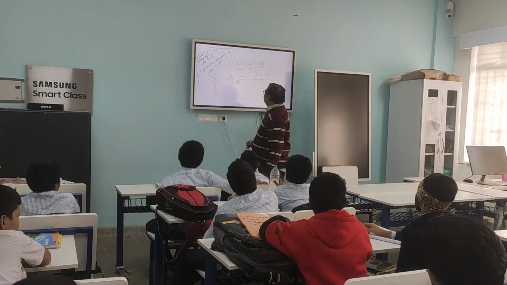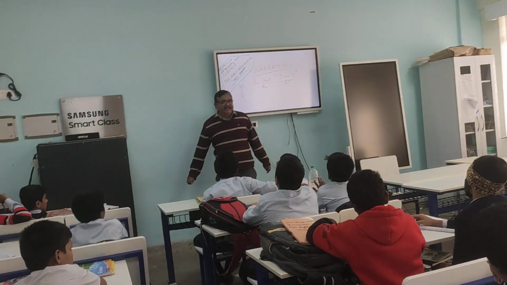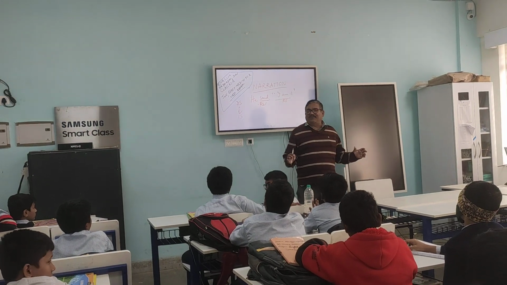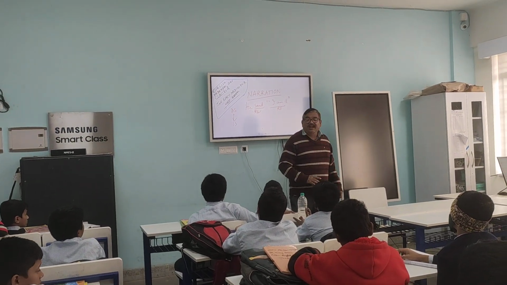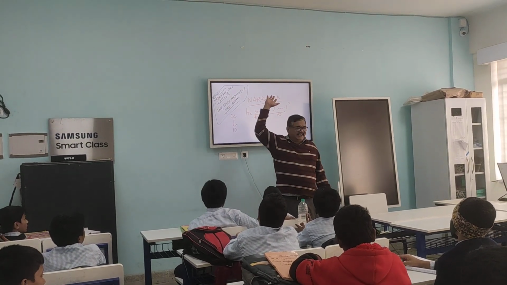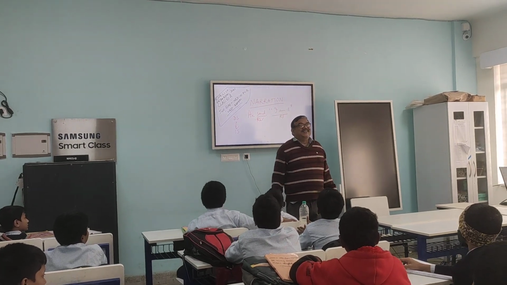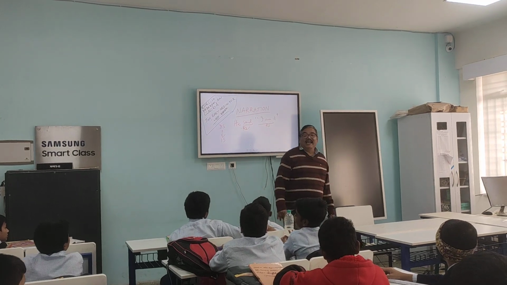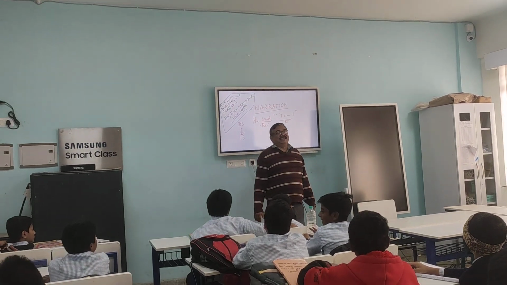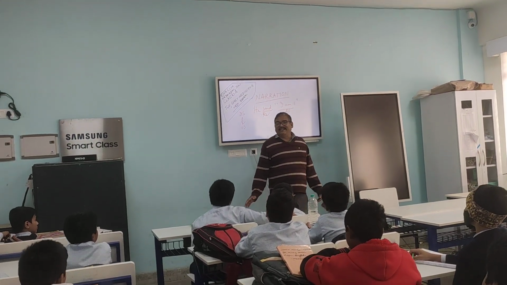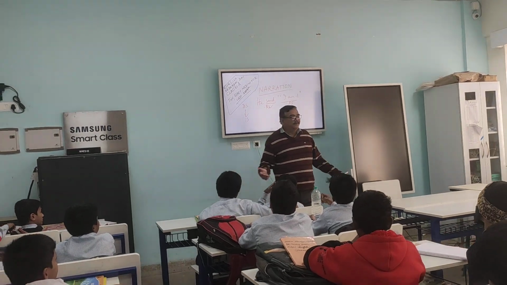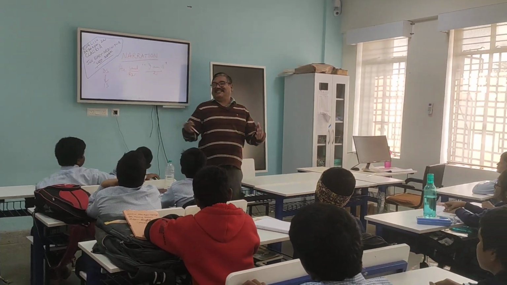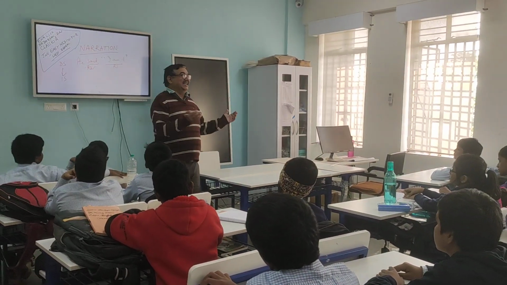Now, my dear students, in narration we come across 5 kinds of sentences. How many kinds? 5 kinds of sentences. First is the assertive sentence. An assertive sentence is a statement of fact. For example, the earth moves, the sun rises in the east, the sun sets in the west.